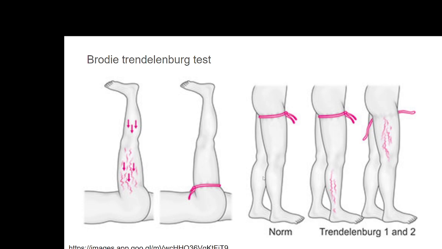If the perforating veins are defective, then at the level where the perforating vein is defective, there could be bulging. If it is a saphenofemoral valve abnormality, as long as the tourniquet is on, there will be no dilatation of the veins.